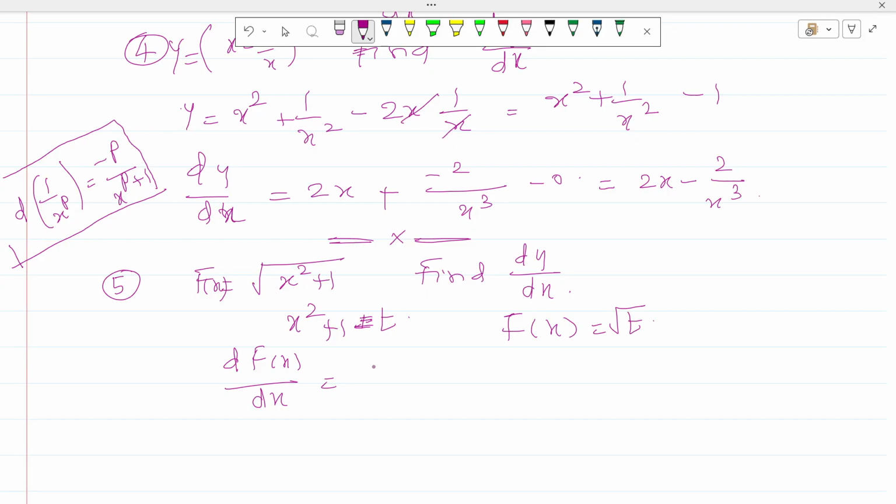But df of x by dx becomes df of x by dt into dt by dx.